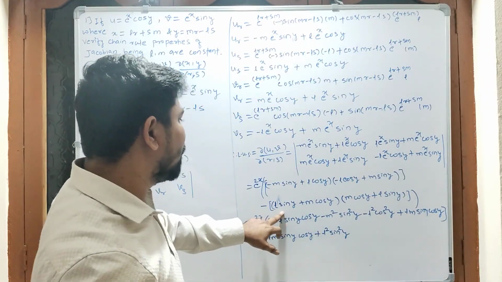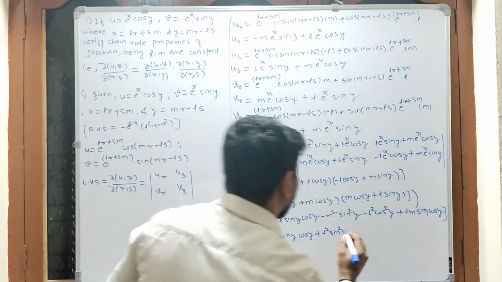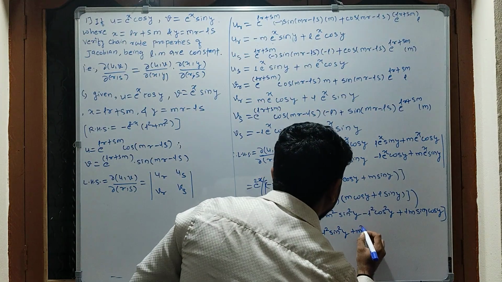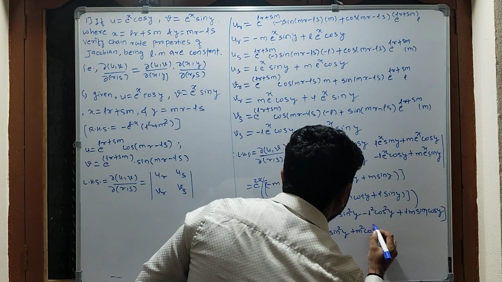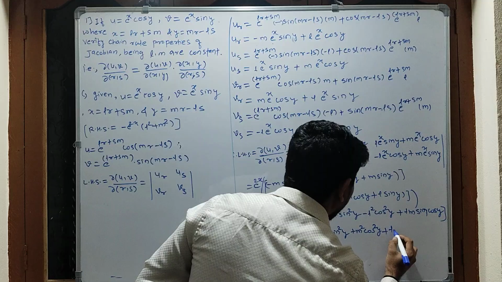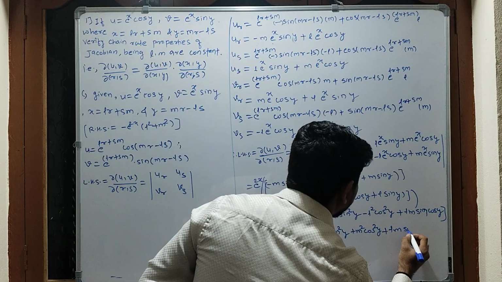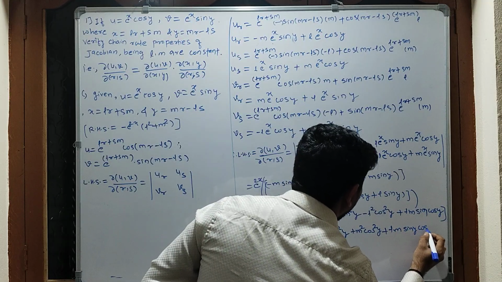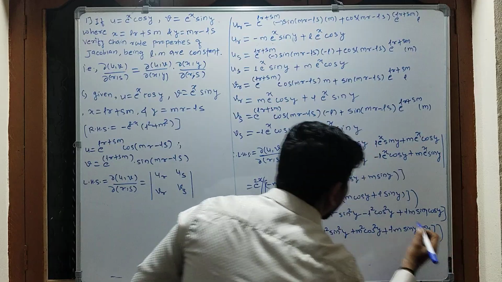Now this into this is plus m square cos square y, and this into this is l m sin y cos y, so here is the big bracket.